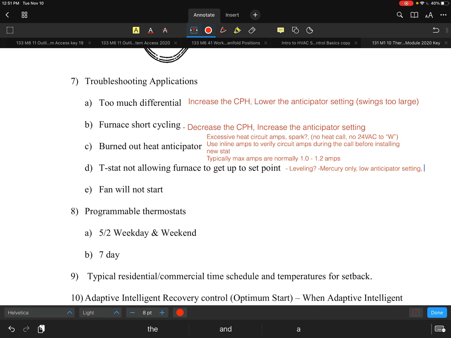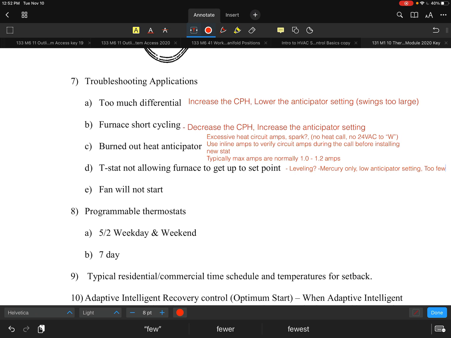And that's the one thing that I have seen on jobs. Where this happens is usually where a non-heating guy goes in and puts in a thermostat, or a customer buys a thermostat, puts it on the wall, and has no idea where they should set any of that stuff. That's kind of the norm.